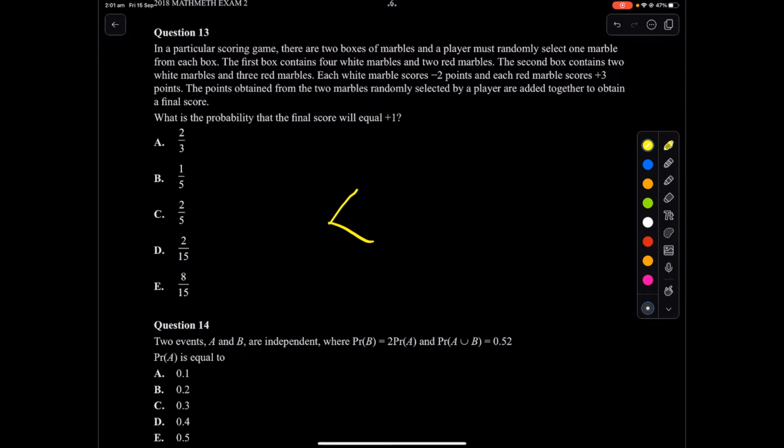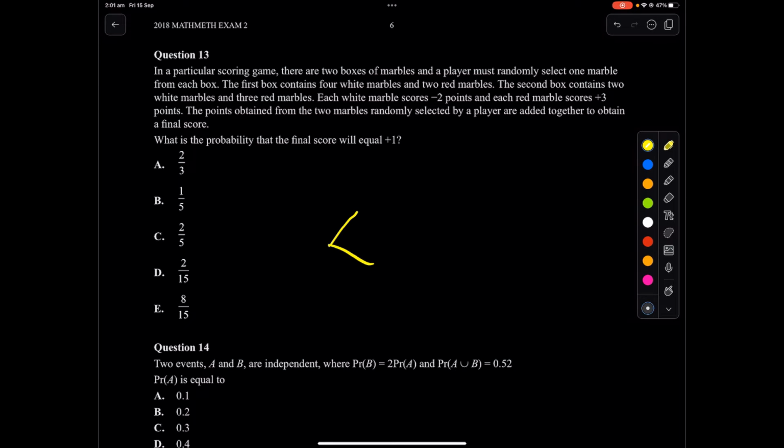So let's say the first time he picks, from the box, you know how there's 2 boxes? So in the first box, let's say he picks white, red marbles, and then he picks again, so white, red marbles here. The first box contains 4 white marbles and 2 red marbles.